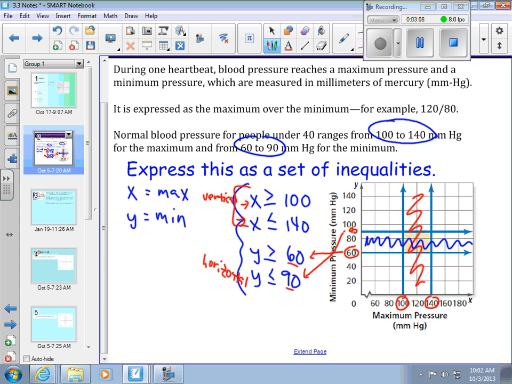The overlap in shading happens in this yellow area right in here. So this area is the area that shows all the normal blood pressures that a person under 40 could have. So what you look for when you're doing these is the overlap in shading. The overlap in shading is where all your solutions lie.